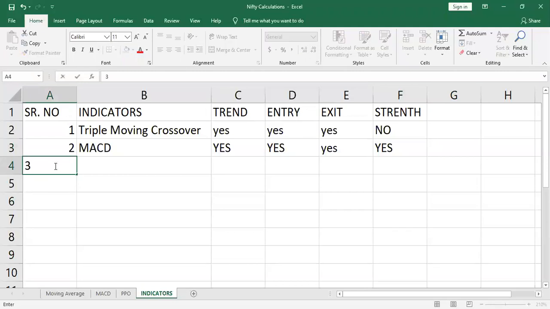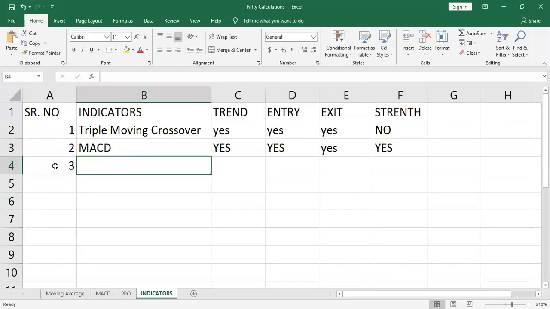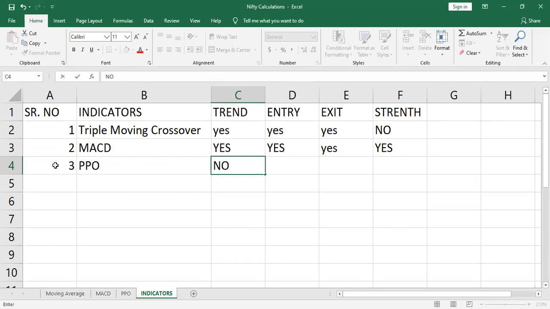The third is PPO. Sorry, PPO. It can identify trend, but generally the answer is no. It is not for that purpose.